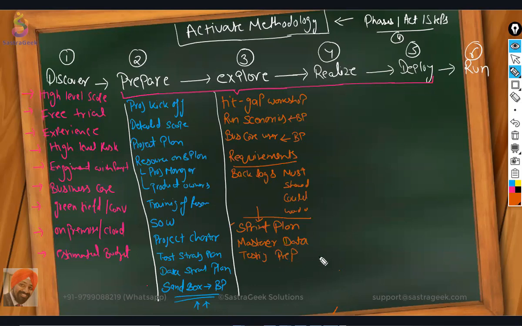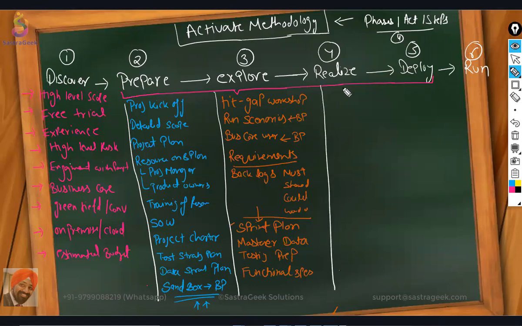The initial activities, the workshop for master data and other parts would be happening within this phase itself. You would be preparing your functional specifications. That would also be happening within this phase. So those are the key activities which will be happening in the explore phase.